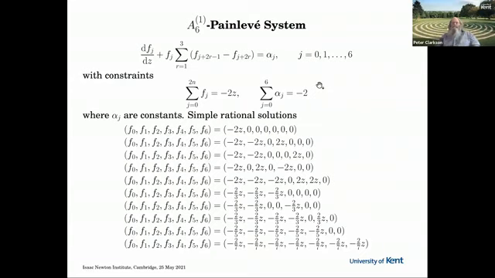If you go on to the A6, the next one, you've got a whole lot more possible simple exact solutions, simple rational solutions, which is a multiple of z.